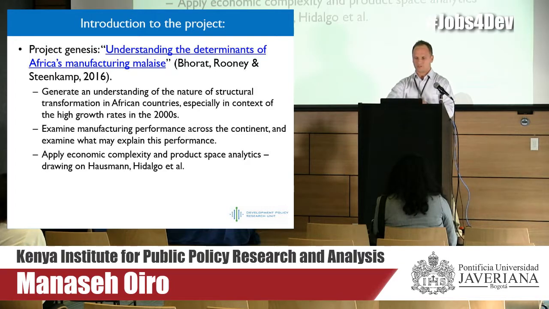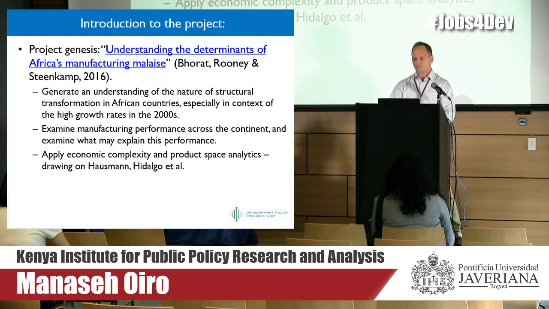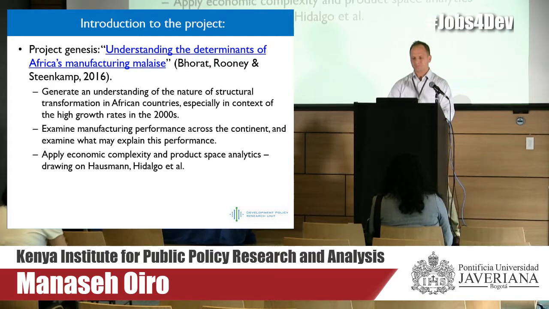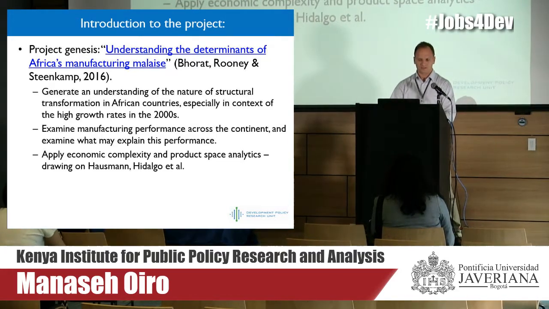The genesis of the project was a paper that my co-authors and I did, and we presented it at the previous NJD conference in Washington. The idea there was to understand structural transformation in African countries, especially the post-2000 period, where there's quite a lot of high growth, but what was that driven by? We then examined manufacturing performance across the continent and explained this performance.